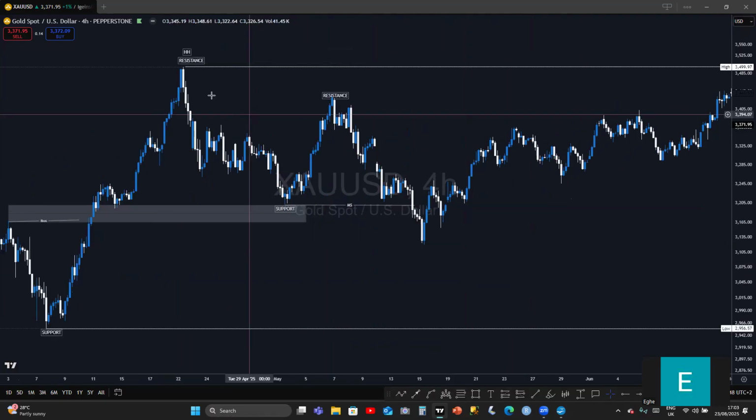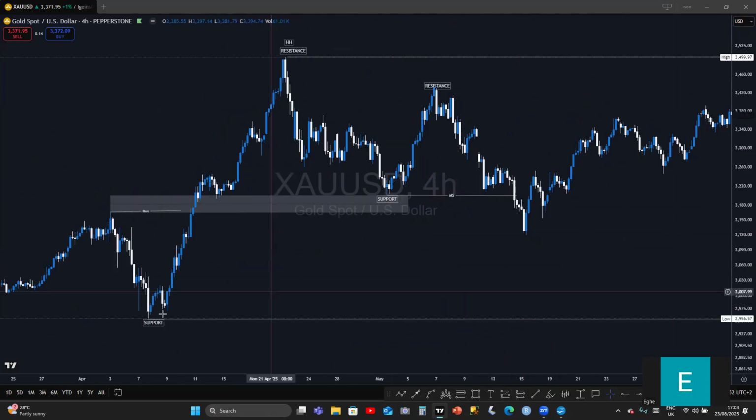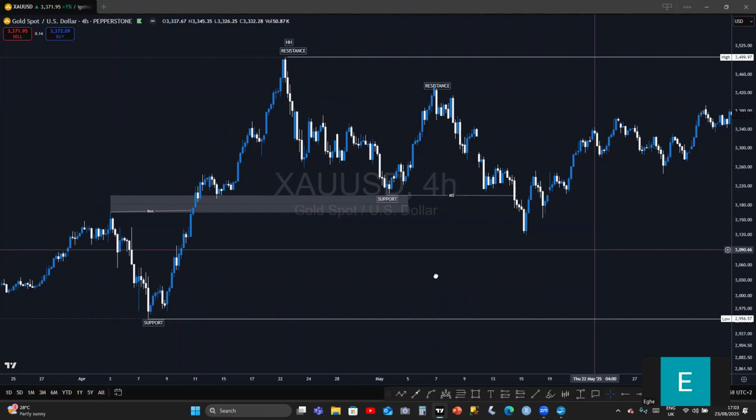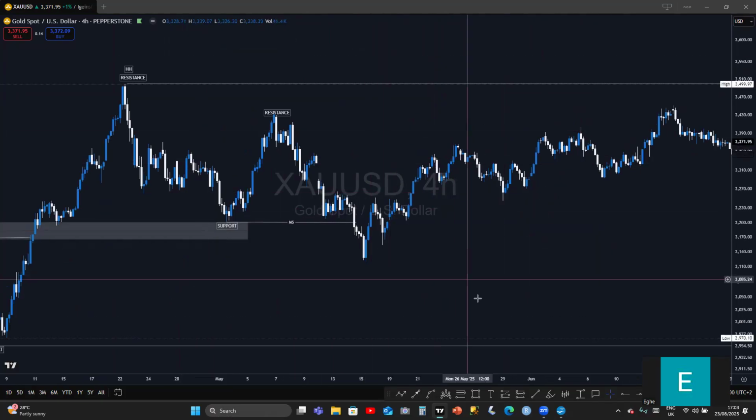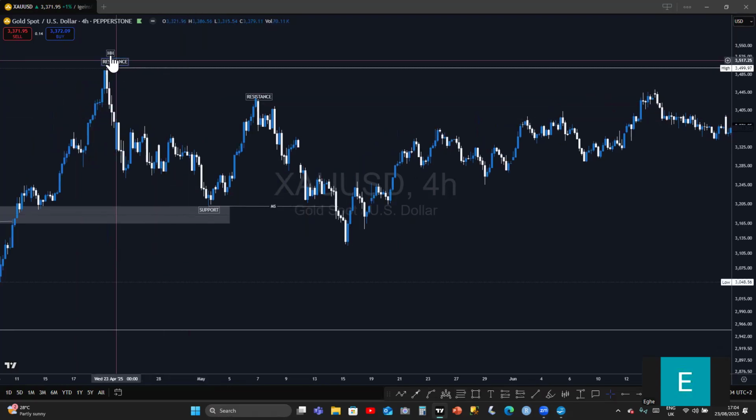So now, you see this chart compared with daily, can you see that there's a difference? You see more information here. So now you see this is the highest high. This point here is what? A lower high.